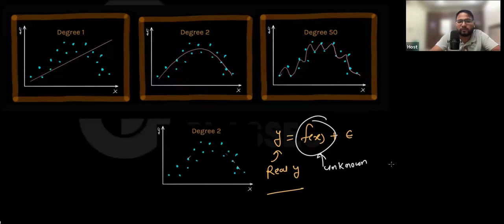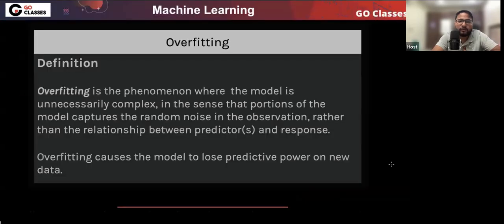Let me tell you that this scenario is called overfitting. So what does overfitting mean? It is a phenomenon where the model is unnecessarily complex, in the sense that some portion of the model captures the random noise in the observations. This is important.